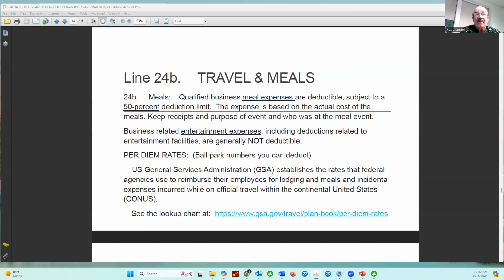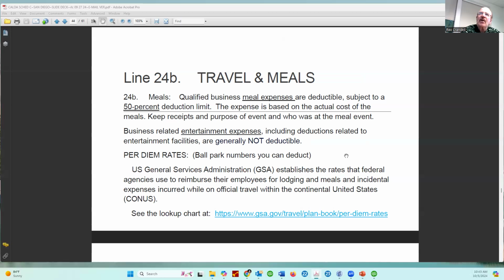So if you had 2,500 of business meals during the year, then only half of it would be deductible. Business-related entertainment expense deductions or entertainment facilities are not deductible now.